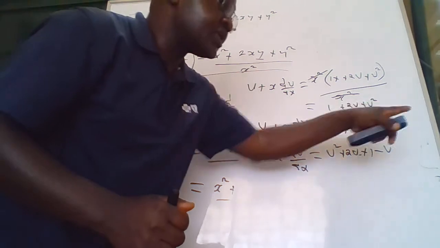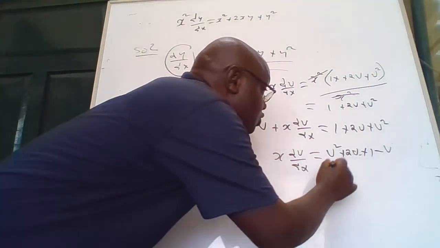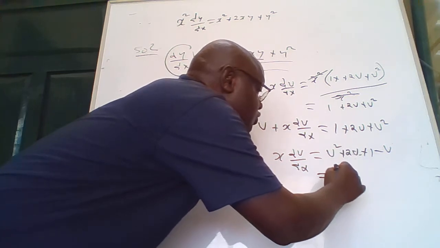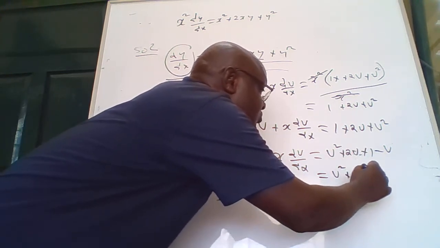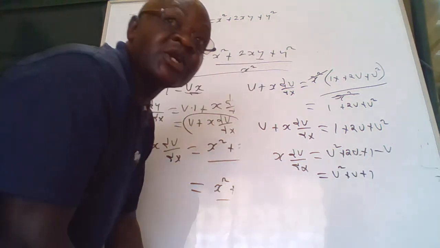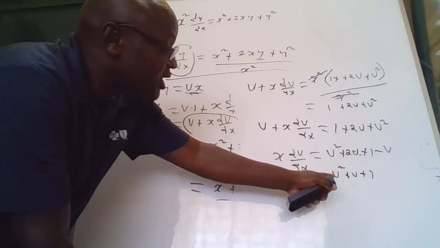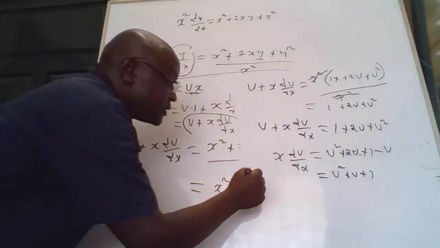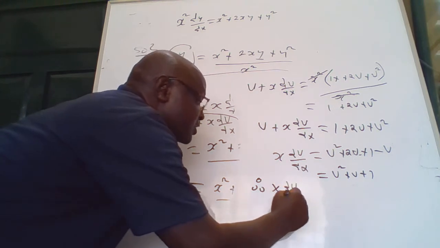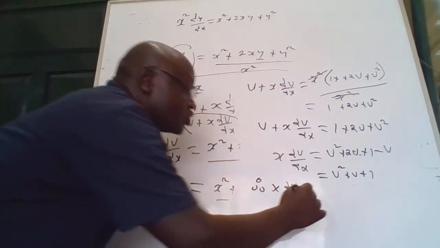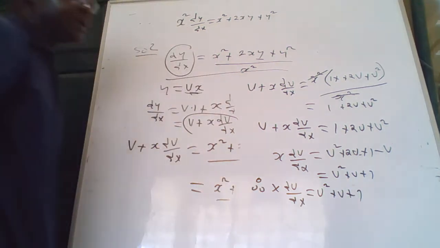When v crosses to the other side, it becomes negative, so this equals v squared plus 2v minus v plus 1. 2v minus v remains v. Therefore we are saying x dv dx equals v squared plus v plus 1.